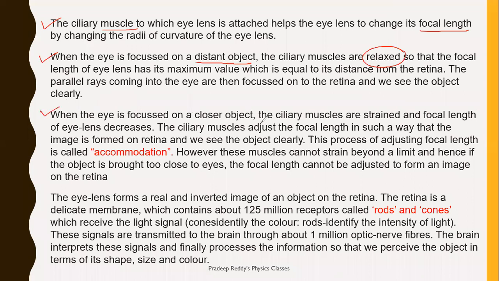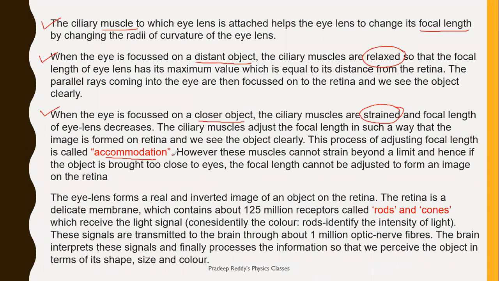And if the object is closer, ciliary muscles are more strained, and depending on the adjustment of the focal length, there is a power of accommodation for our eye. Our eye changes the focal length of the eye lens with the help of ciliary muscles. That is called the power of accommodation.